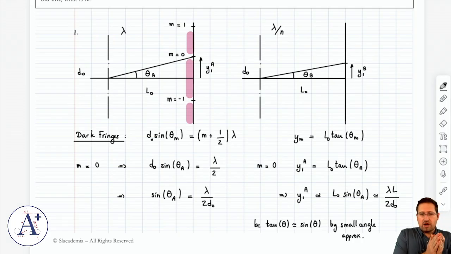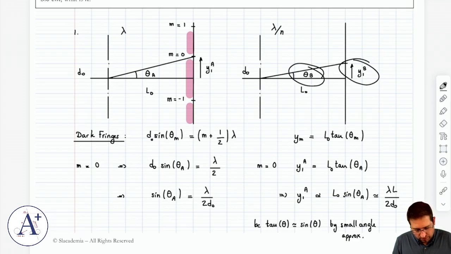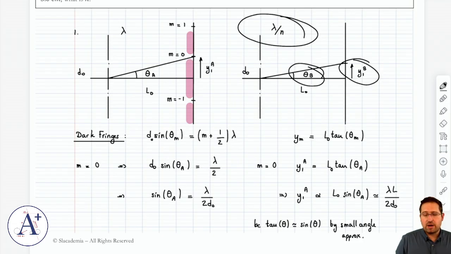Now, I've done this for experiment A. I can just look at experiment B and say, well, the only thing that changes in experiment B is that now I have lambda over n instead of lambda.